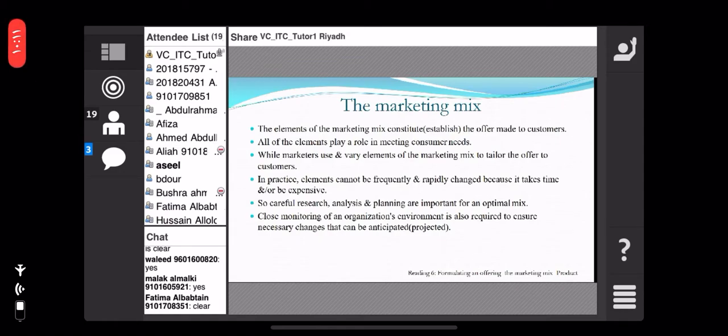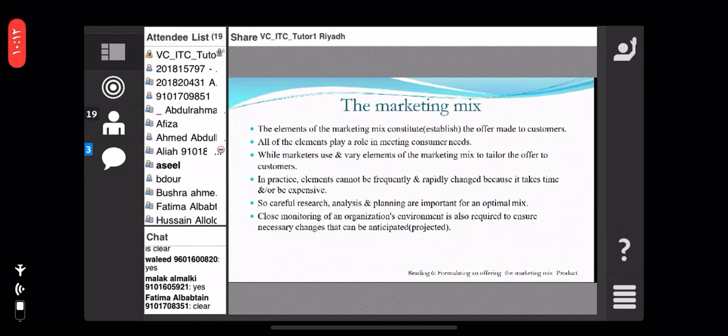Point number 4: in practice, elements cannot be frequently and rapidly changed because it takes time and can be expensive. Practically, it is not easy to change the product. Change is always risky.